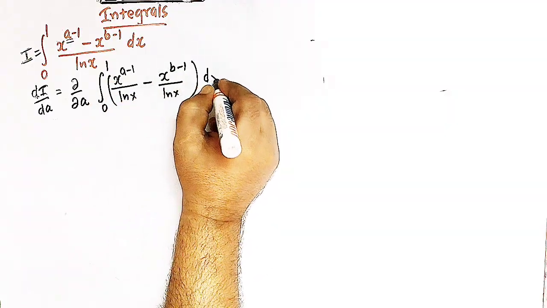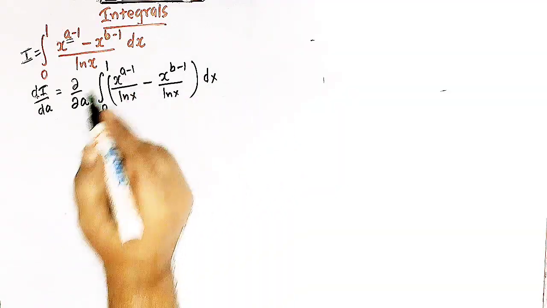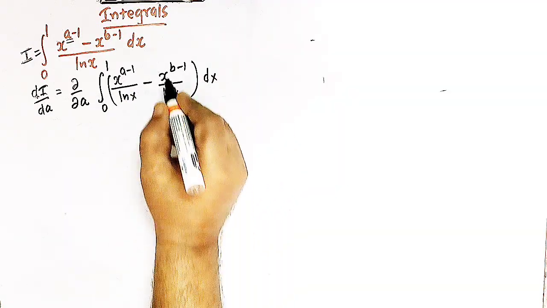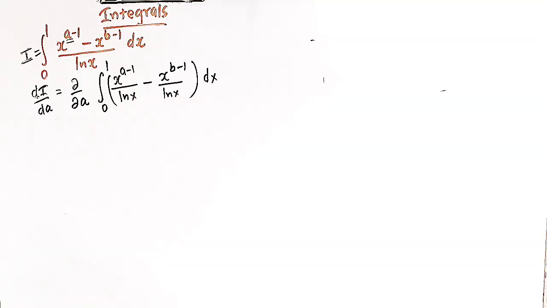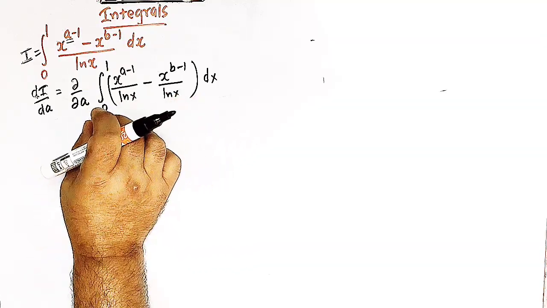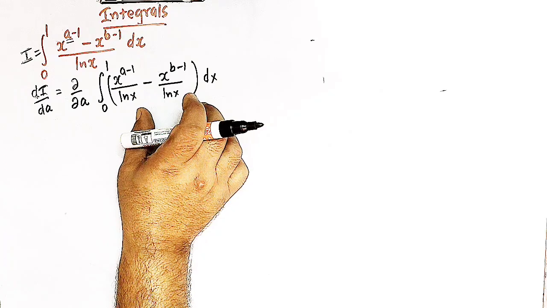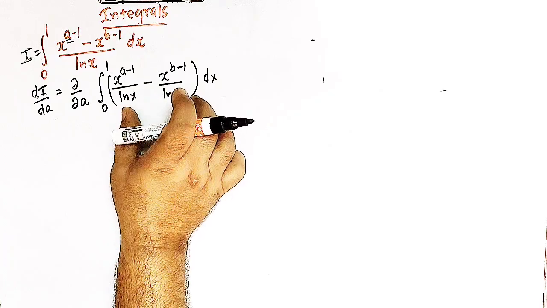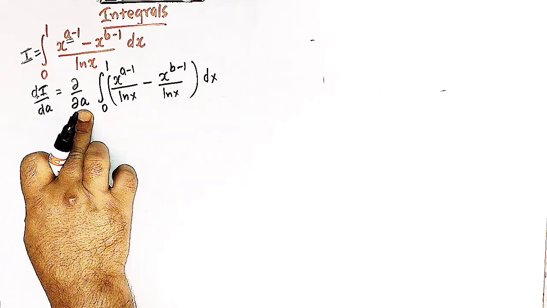And here we are treating a as a variable and b and x as constants. So we'll differentiate this term which is inside the integral sign, that is our integrand, with respect to a.